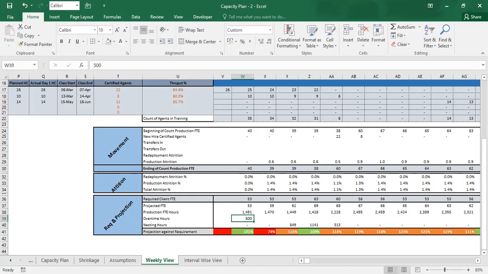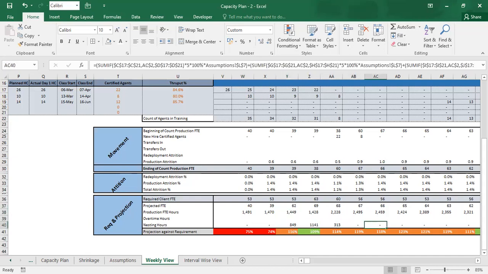For any particular week where we are negative and have space to get contribution from operations, on the basis of discussion, we can plan overtime as well. Here you can see that when agents are nesting, we are getting contribution from them as well. I hope it is clear.